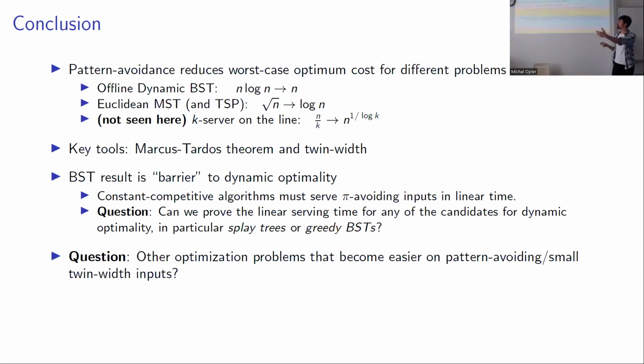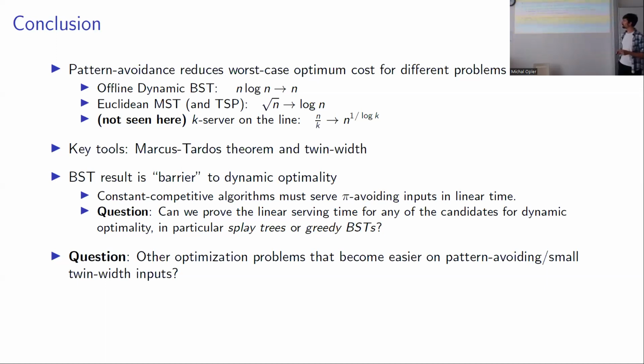And the interesting question here is, well, we only were able to do it in the offline regime, but it's interesting whether we can show this linear upper bound for some of the online algorithms, for either splay trees, which seems unlikely because most of these pattern avoiding things are really not covered for splay trees, but it might be possible for these greedy BSTs, which is an algorithm that comes from the geometric reformulation, so it's in some sense very close to the patterns.